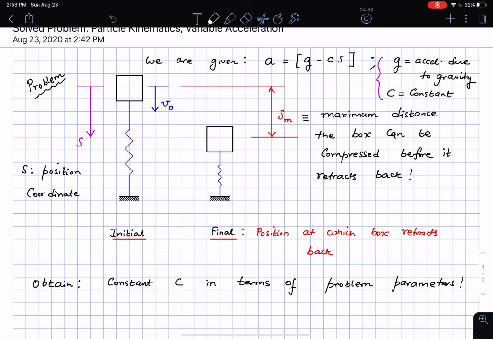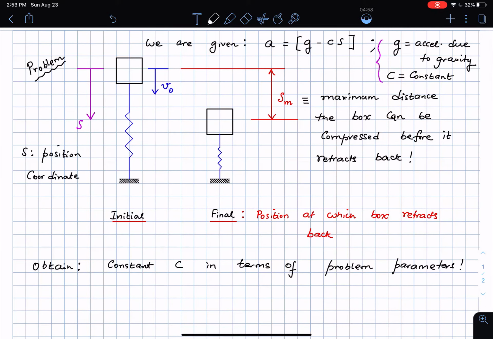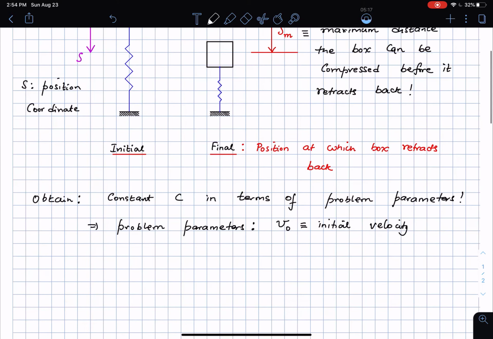Which means, what are the problem parameters? The problem parameters are the following. They are the initial velocity v0. Then I have this distance sm, which is the maximum compressed distance. And of course the acceleration is a function of the position s, but it's also a function of acceleration due to gravity.